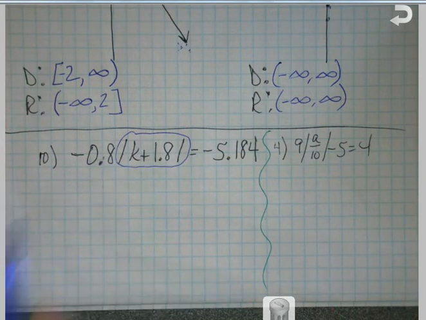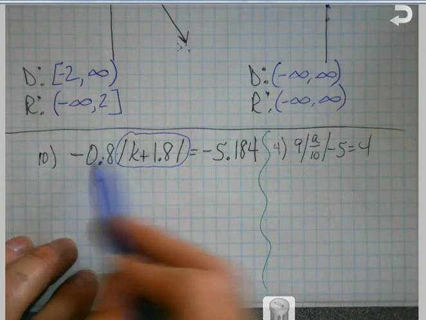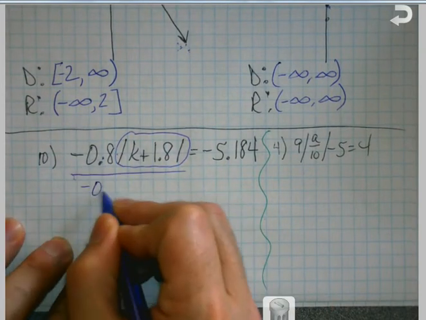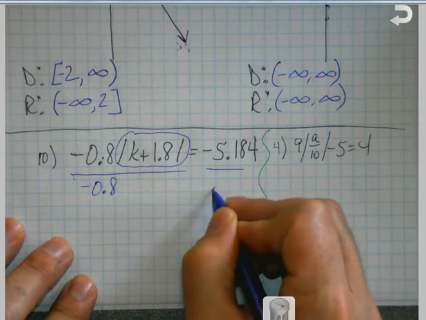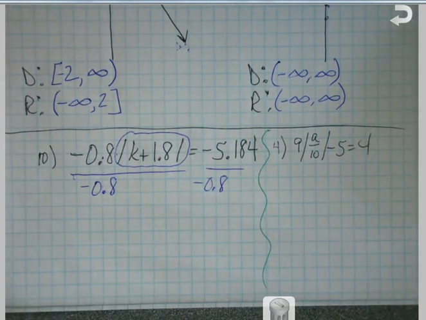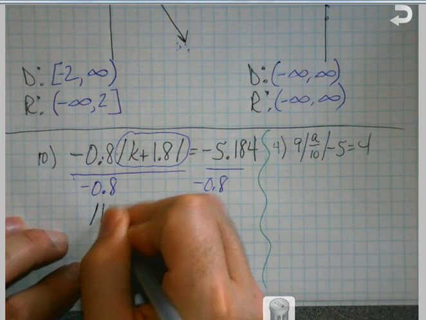A lot of you are trying to add it to the other side. I can see where you could think that. But there'd have to be a plus here in between for me to do that. This is by multiplying. So here, I've got to divide both sides by that -0.8 first. That's my first job. Because then I isolate my absolute value.